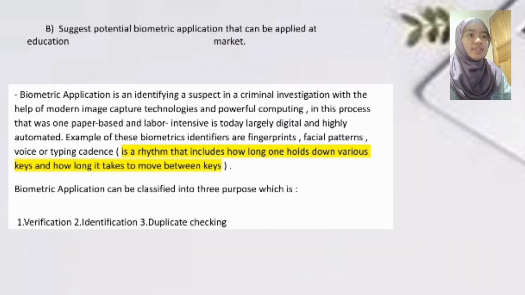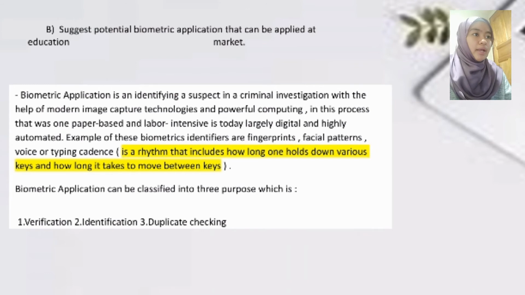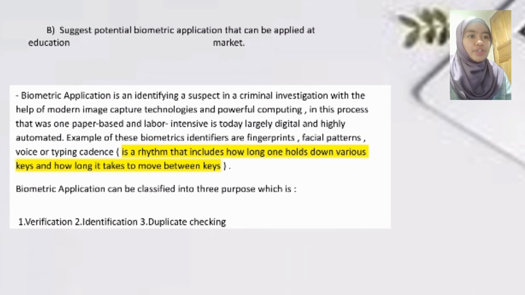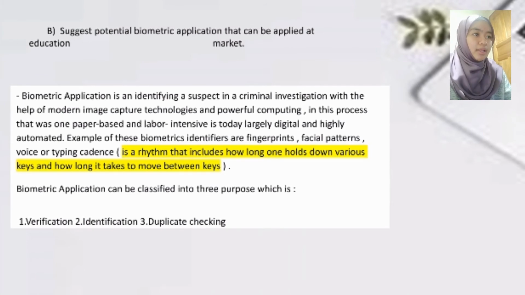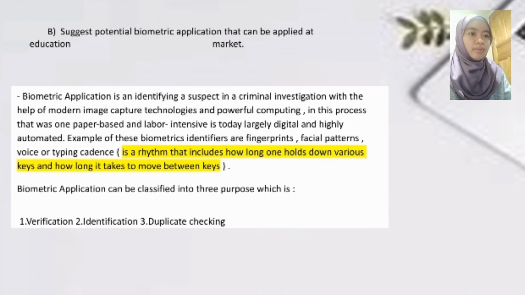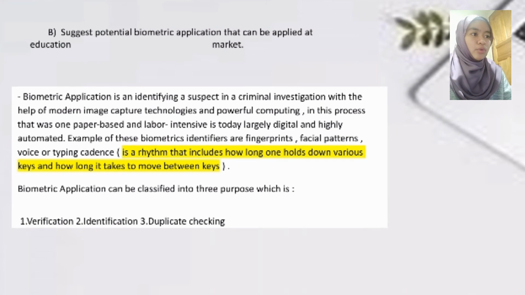Okay, B. Suggest a potential biometric application that can be applied at the education market. Biometric application is identifying a suspect in a criminal investigation with the help of modern image capture technologies and powerful computing.